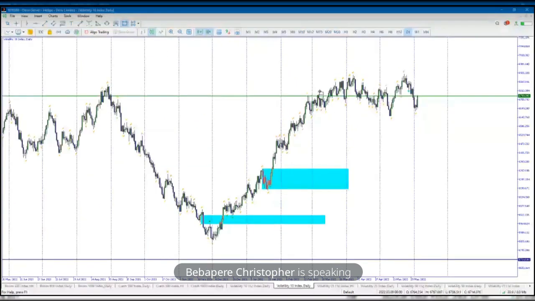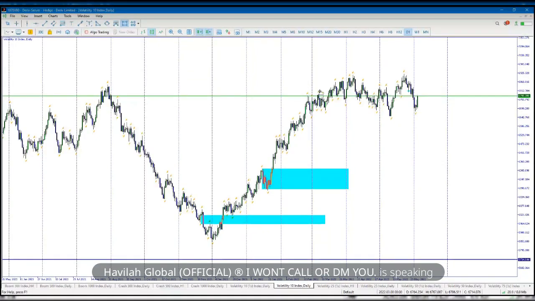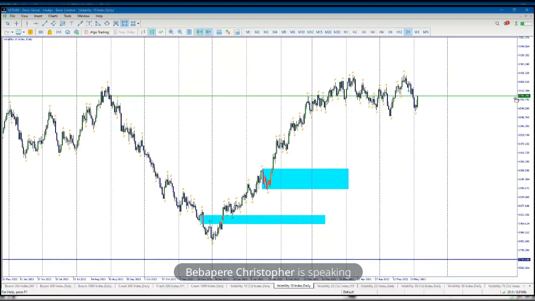But is he on daily? Yes, on daily. Well, on daily, what I saw was a high, then a break of structure, a higher high. So naturally, if it comes back, it's coming down to mitigate or to start going up. But what I want to ask is, on this V10, I see it's bullish.